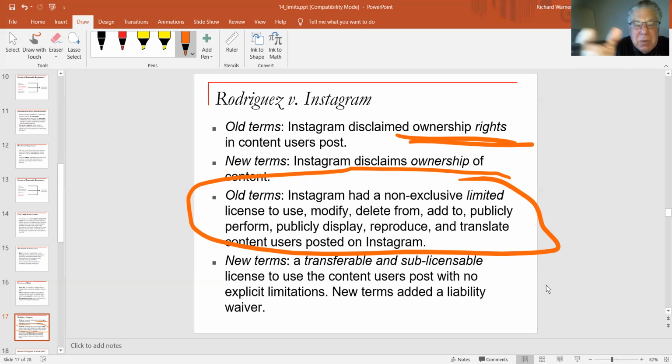So Instagram says, look, we're going to have to do some things with your posts, move them around, edit them a little, right? Delete them, modify them. We're going to have to do some things to those to run Instagram. And you give us the right to do those. Non-exclusive, limited to what we need to do to run Instagram. That's it. All your other rights you got, right? And they made that as a marketing point of Instagram, right? Your stuff is your own.